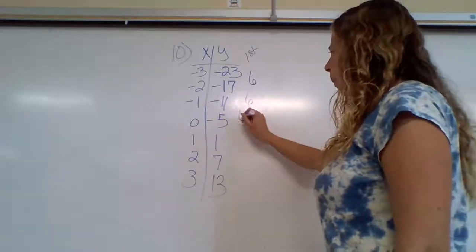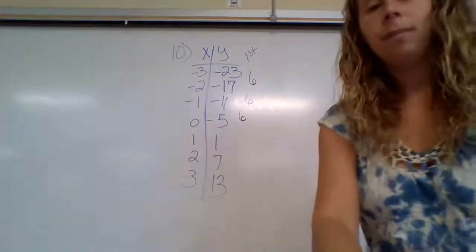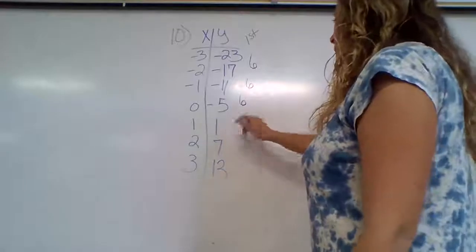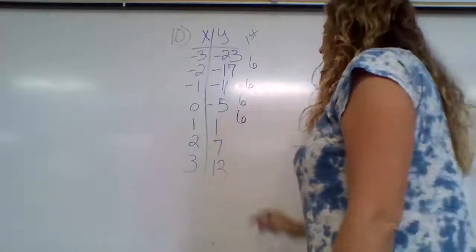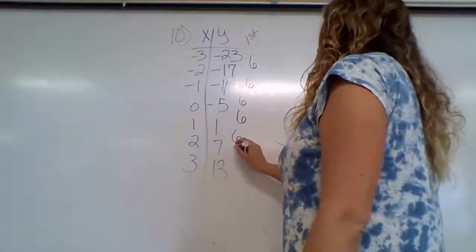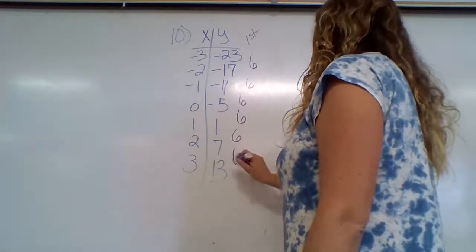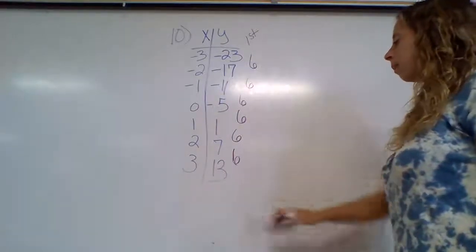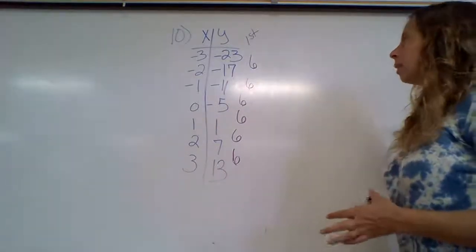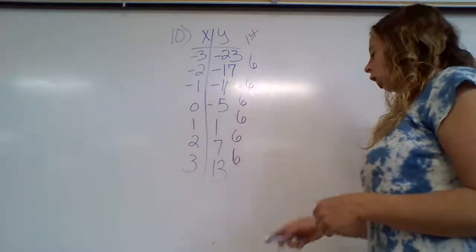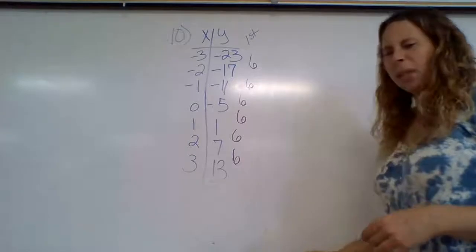Ooh, you guys need to come up higher than that. Or maybe not. I just looked and that was a bad angle. Negative 5 to 1, you got a plus 6. 1 to 7, plus 6. 7 to 13, plus 6. So your first difference is constant, right? So this is linear.